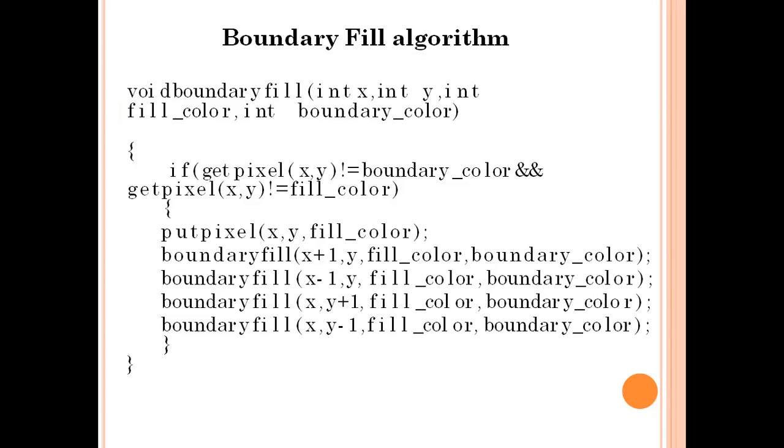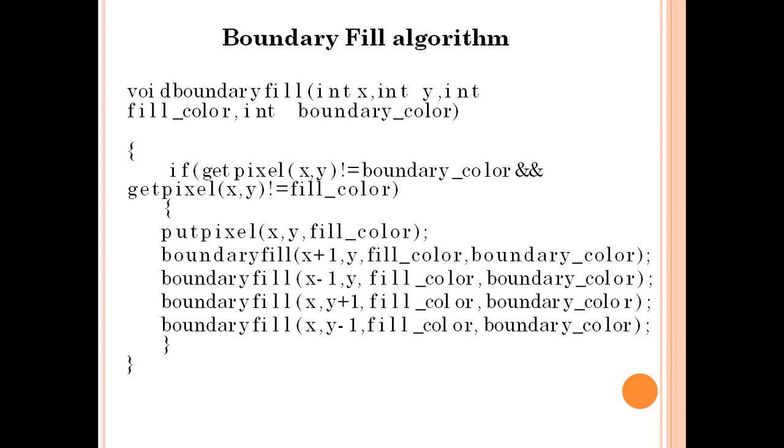This is the pseudocode for the boundary fill algorithm. If you observe, the main thing about the boundary fill algorithm is recursion. Inside the boundary fill algorithm, we are again calling boundary fill. So boundary fill is a method, and inside that method we are again calling that method 4 times. Why 4 times?